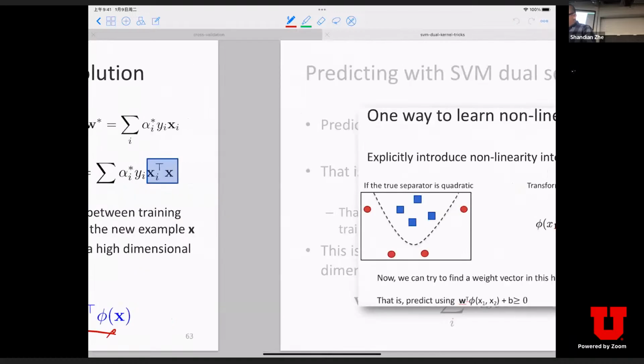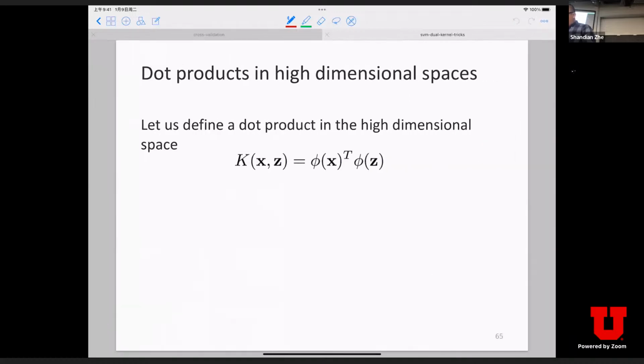So then there comes a question: can we invent or find a function, which just calculates a function of x and z in the original feature space, but the result is equivalent to first performing feature mapping over x and z, and then doing the dot product in the mapped feature space?